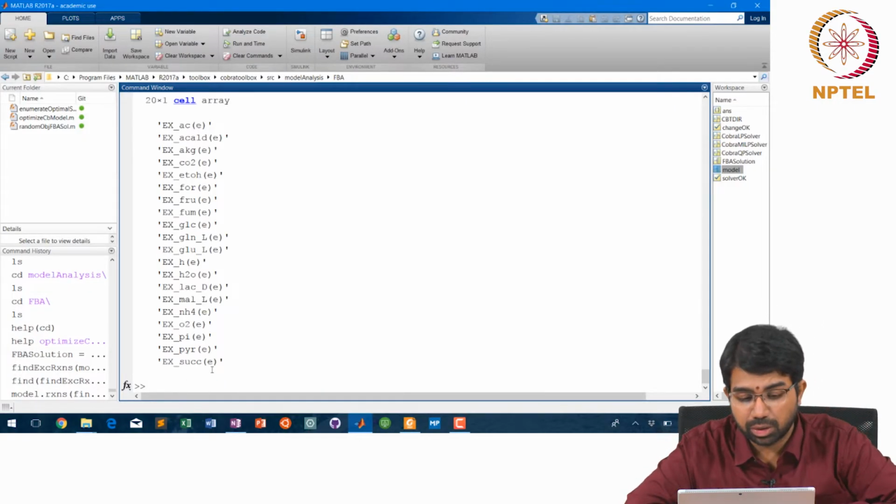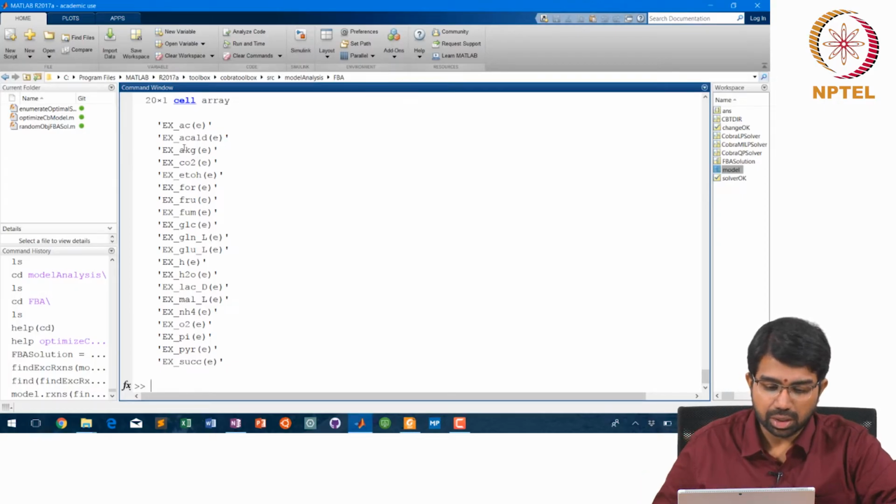It turns out that this model can exchange acetate, acetaldehyde, alpha ketoglutarate, carbon dioxide, ethanol, formate, fructose, fumarate, glucose, glutamine, glutamate, proton, water, lactate, malate, ammonium, oxygen, phosphate, pyruvate and succinate, right. So, these are all the metabolites that this core model of E. coli can exchange, right.